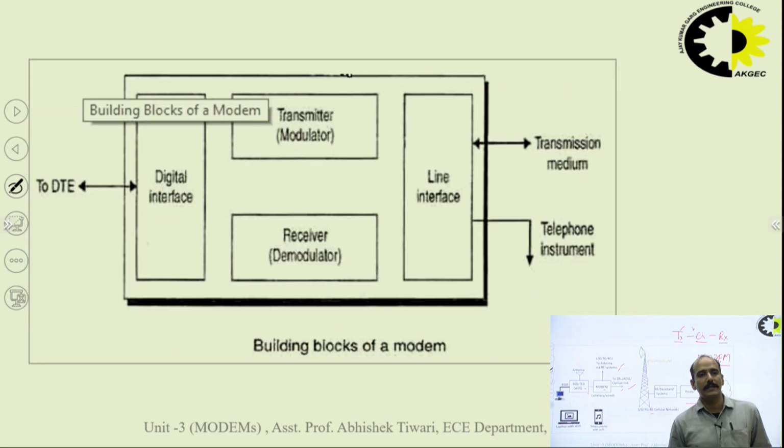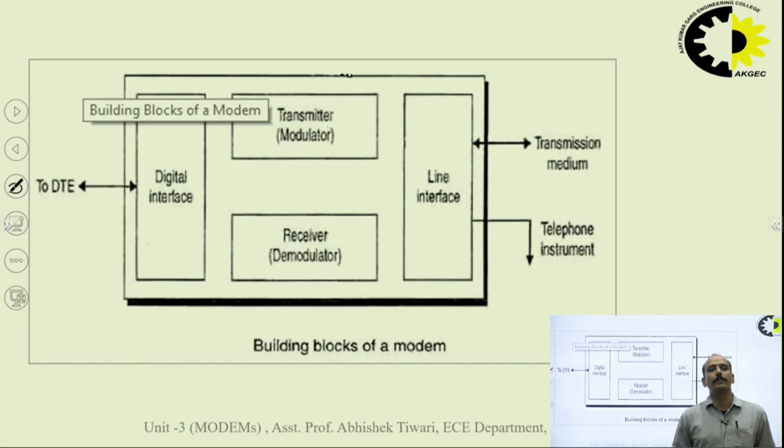The modem is a basic device used for both the modulation and demodulation process. Simultaneously, at the same time on the modem, modulation is going on and demodulation is also going on as per the system. Here you can see the internal building blocks of a modem.